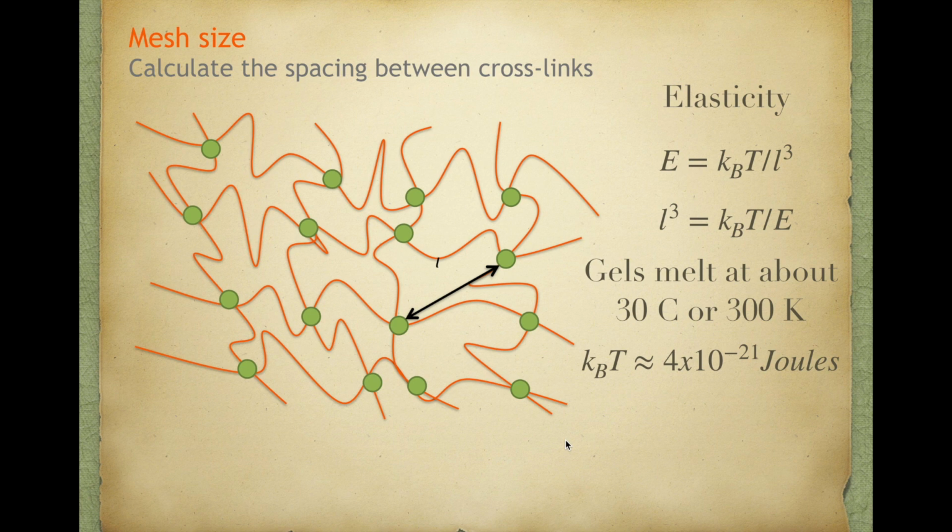So once we get the elasticity from the stress and strain, you can plug that in and calculate the connection spacing for each of the different types of gels that will form. So that's a brief introduction to gels and gelatin, and you should go on to view the other 2 videos regarding the lab.